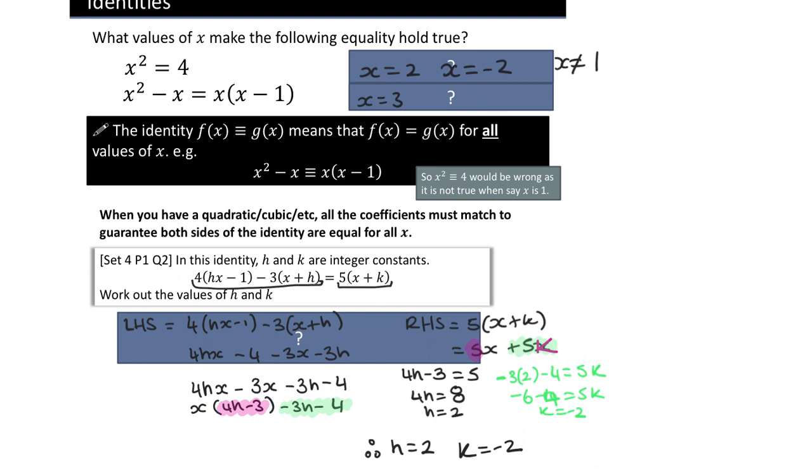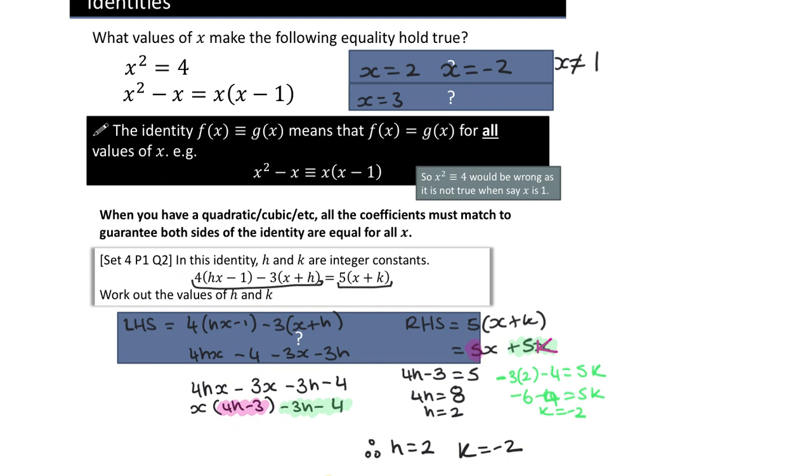That means 4h minus 3 must equal 5, because that's the coefficient in front of the x. Okay? And minus 3h minus 4 must equal 5k. Because both sides of the equation are completely identical to the other. Because this is an identity.